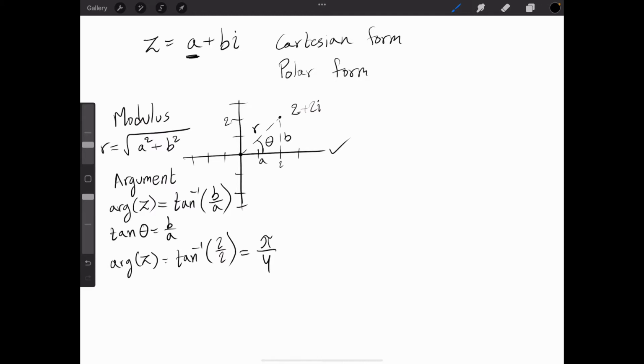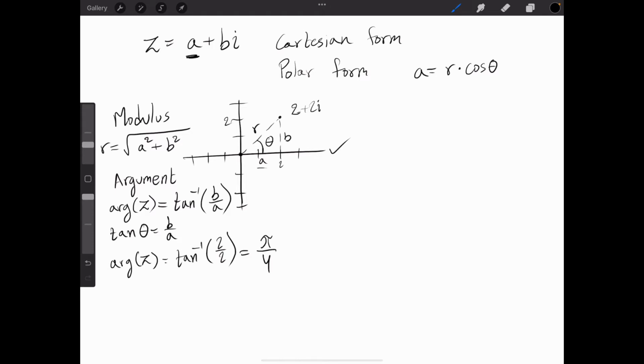Well, since we already know that a is the bottom leg of this triangle that we constructed on this graph right here, we can just say that a is equal to r multiplied by cosine of theta, or cosine of the argument.